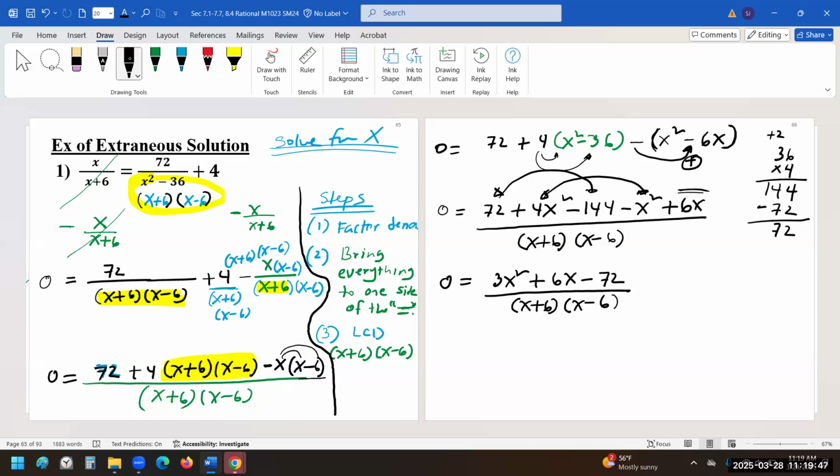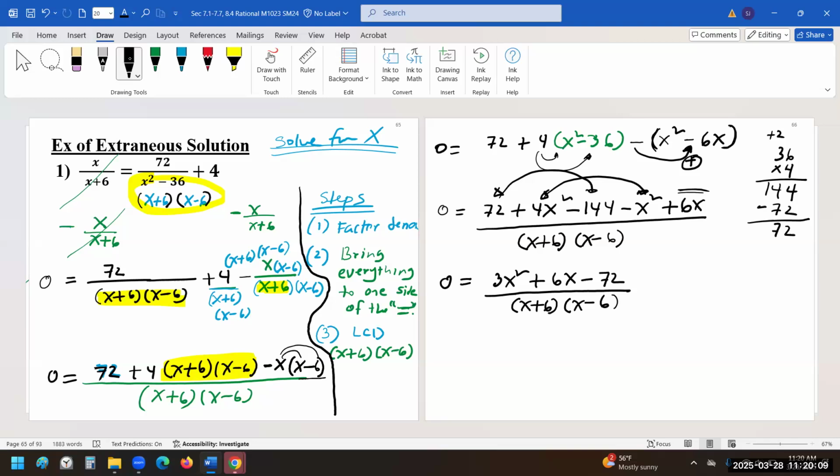What do you observe on the numerator? What do you observe about the coefficients? Come on, guys, you do see something, right?